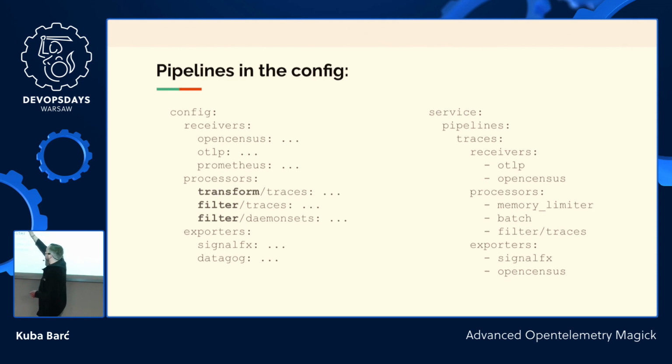You say filter / some unique name, but it's still going to refer to the entity, to the Go module called filter processor. And then you build your pipelines. The order of this doesn't really matter, but you do notice that it's not a map, it's an array. And it's important for a processor because each of these will be built into a pipeline. So first we have memory limiter, then we batch all of our data together, and then we start processing it.